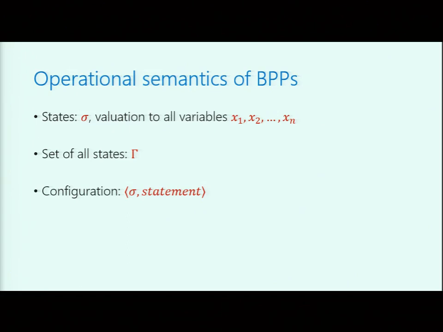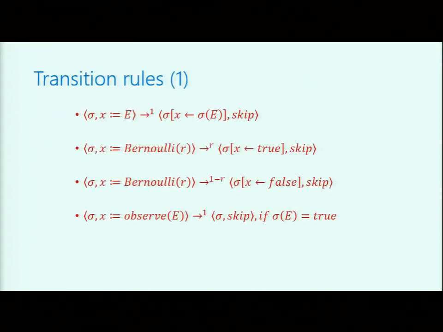So I'm going to define the notion of a state, which is a map from variables to values, right? A standard notion of a state. Gamma is the set of all states, and I have this configuration, which is a tuple of a state comma a statement. The operational semantics is quite simple. You just look upon the program as a transition system.